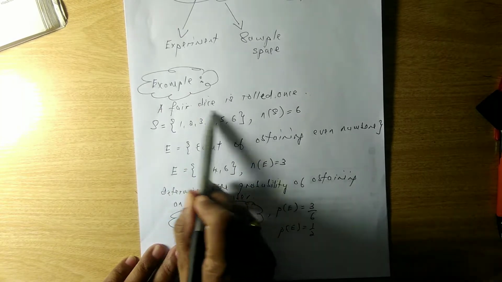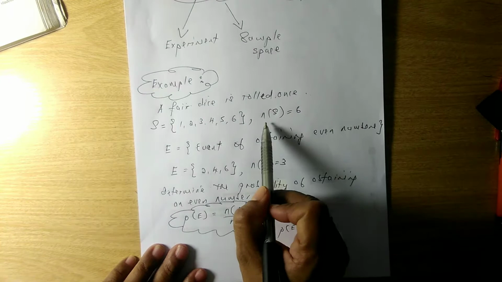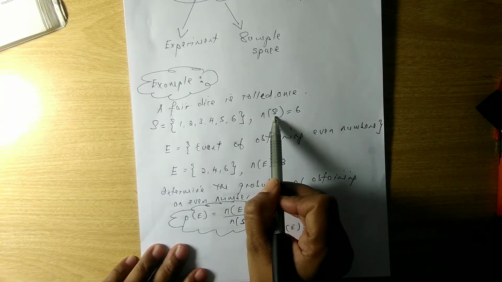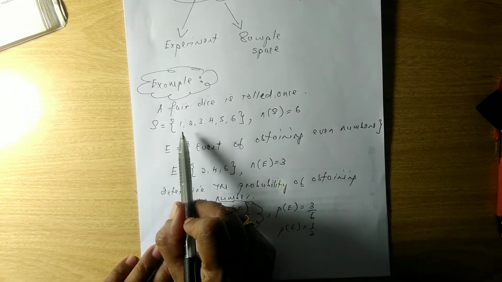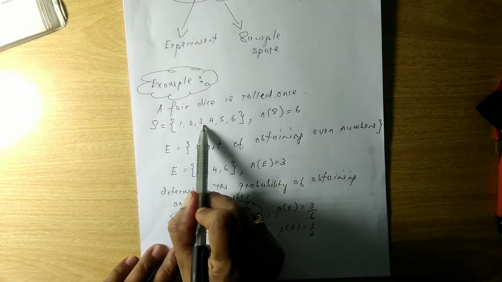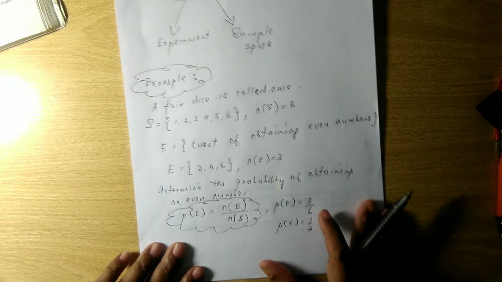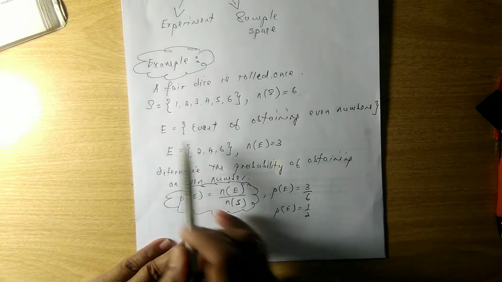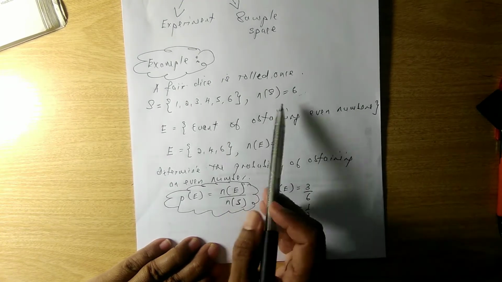Now here n(S) stands for the number of elements in this set S. So how many outcomes do I have? 1, 2, 3, 4, 5, and 6. So this is 6. Next, let's say E. I denote E as the event of obtaining even numbers. For even numbers, we pick from the outcomes of your sample space.